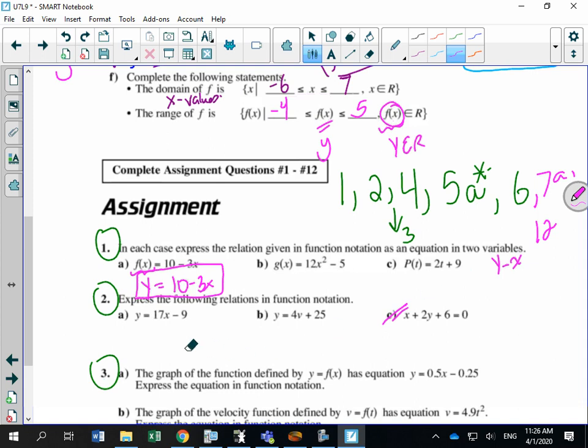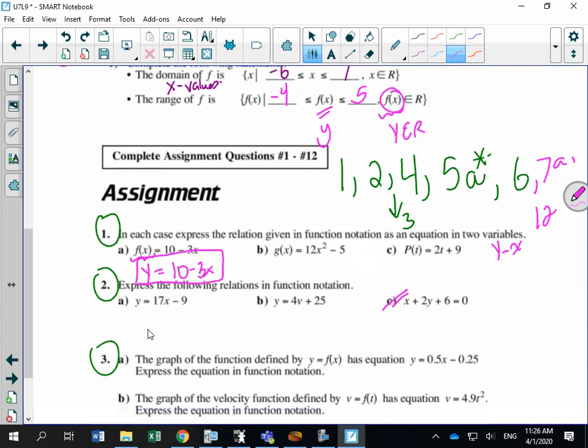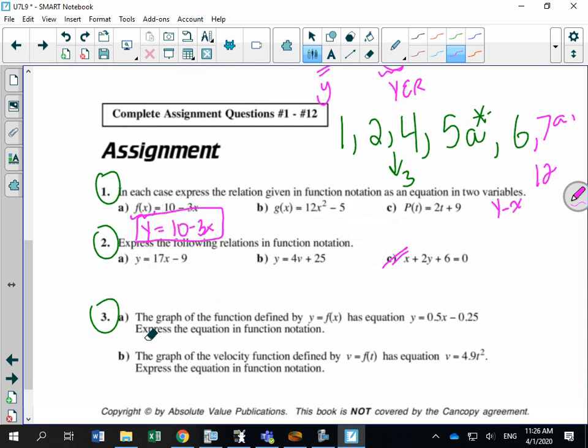For number 2, it's in two variables and they want it in function notation. So A is easy. So you guys do A, right? Or I'll do it with you, I guess. y is just saying f of x is equal to 17x minus 9. Now, B, it's a little tricky.